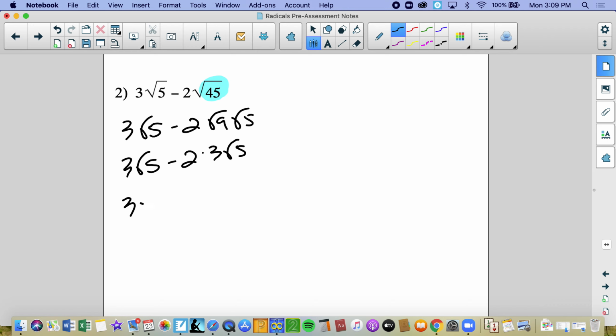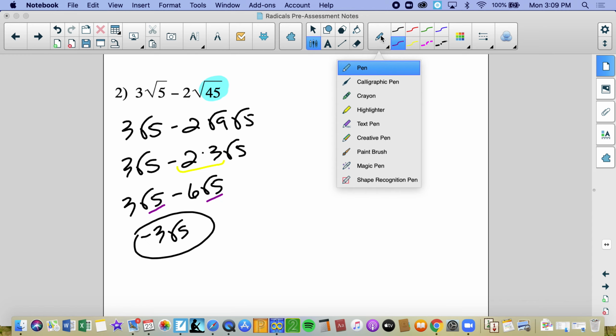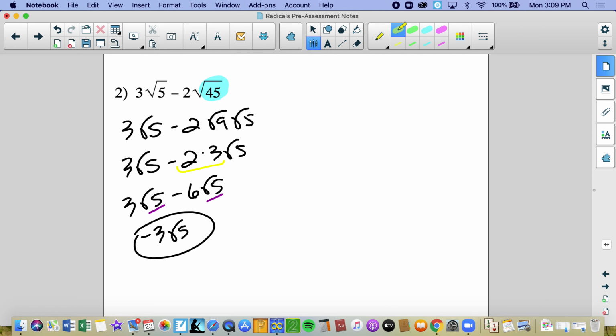And then this becomes 3 rad 5 minus 6 rad 5 because these two are on the outside. And 3 rad 5 minus 6 rad 5 gives us negative 3 rad 5. We have like radicals, so we're going to combine their coefficients: positive 3, negative 6.